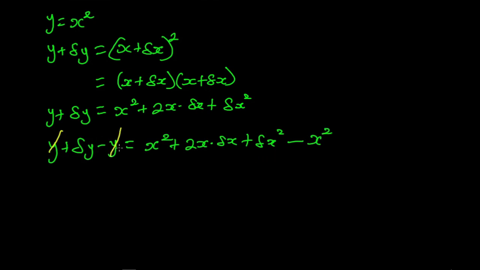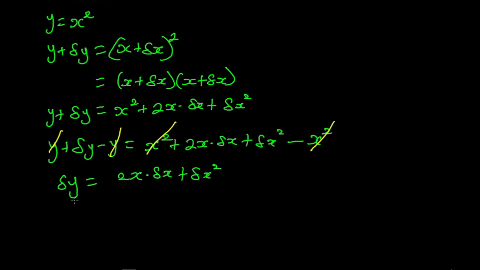This y is going to go with this y, this is going to go with this, so we are left with delta y equal to 2x delta x plus delta x squared.